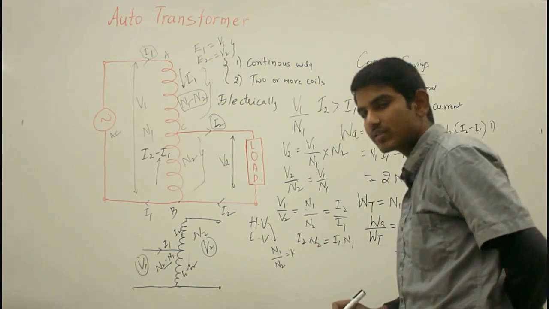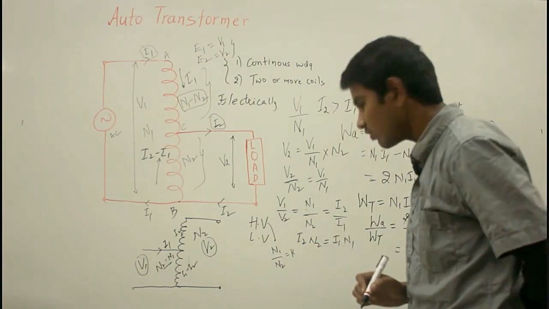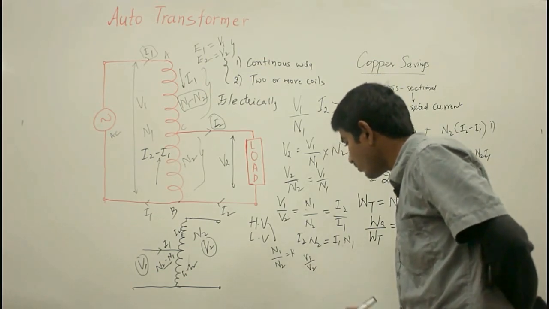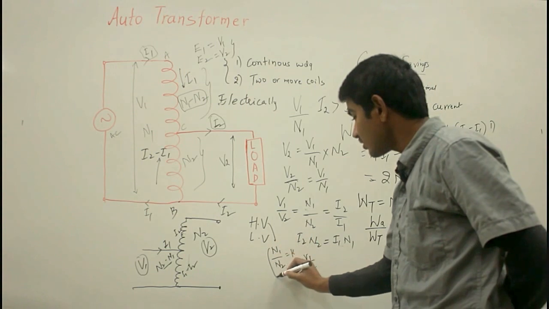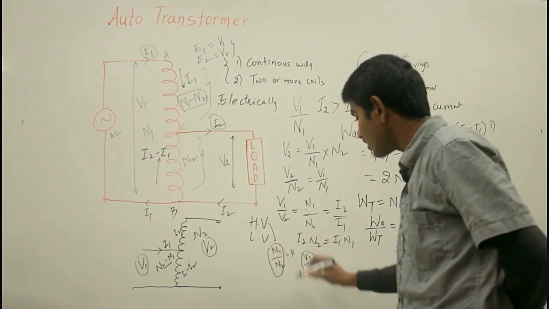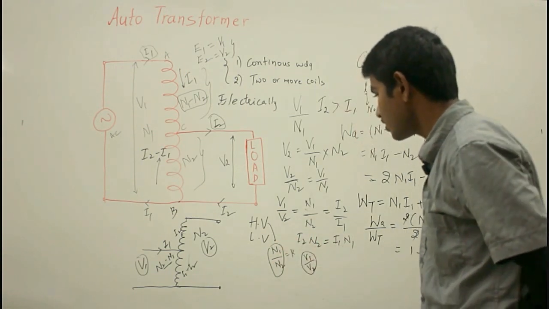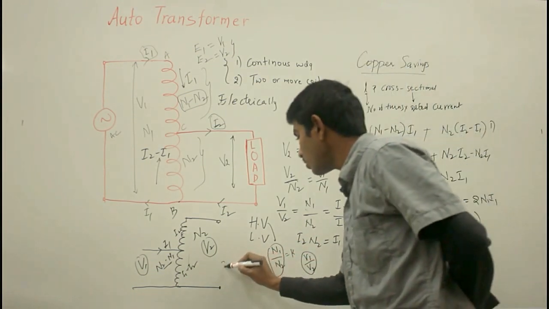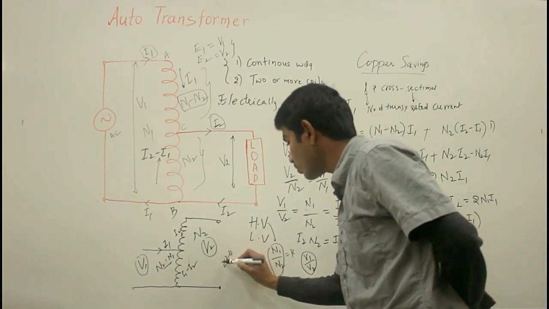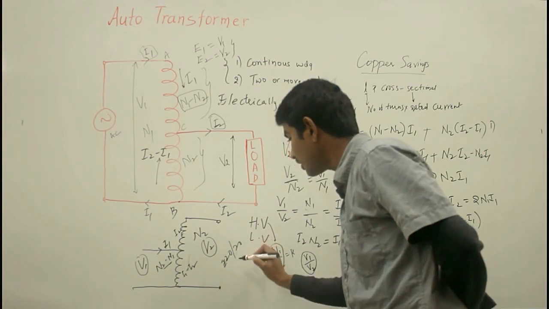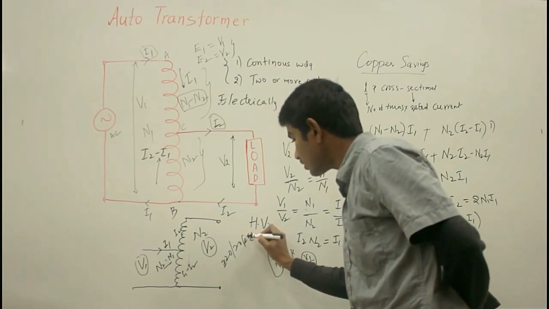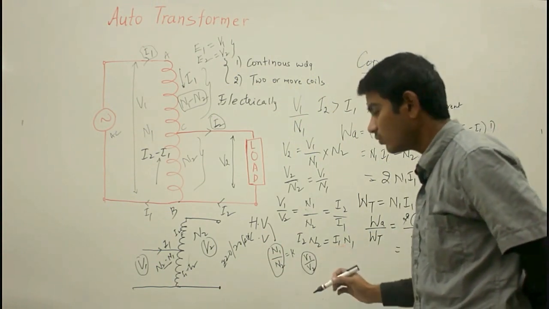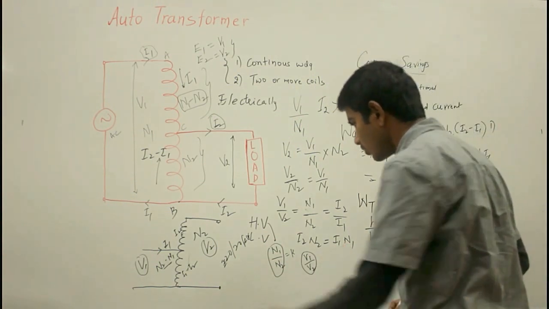Let us say K is the turns ratio, whereas the voltage turns ratio will be given by the voltage in the primary winding to the voltage in the secondary winding. So these are the two things you have to keep in mind: what is the turns ratio and what is the voltage turns ratio. Generally, if you are given a transformer of some 220 upon 20 kV, this is nothing but the turns ratio given to you and not the voltage ratio. So you have to keep in mind.